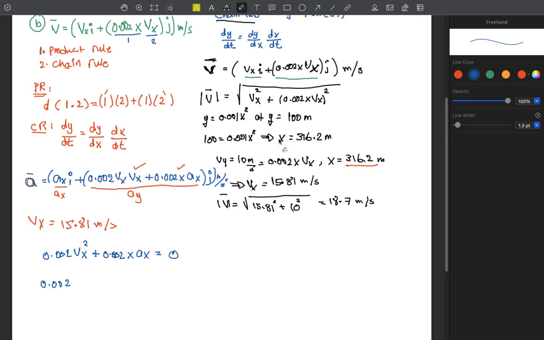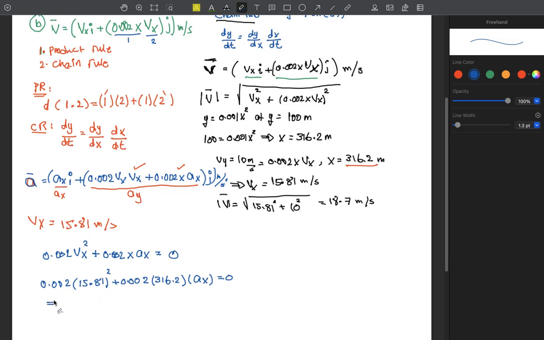So 0.002 Vx squared, we just solve for Vx. Where's Vx? Vx, 15.81. Yeah, it's just here. 15.81 squared plus 0.002 multiplied by x, which is 316.2, multiplied by ax equals 0.